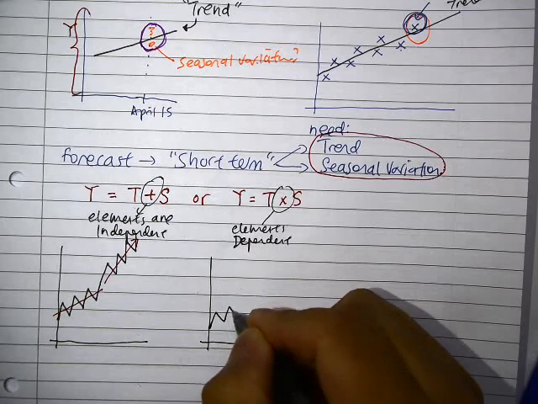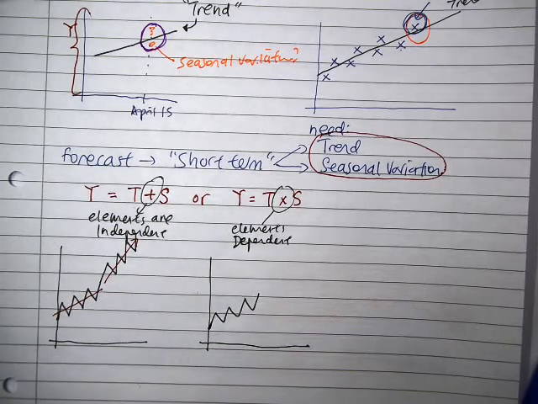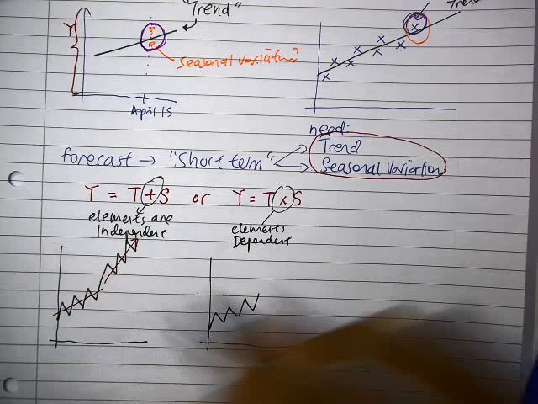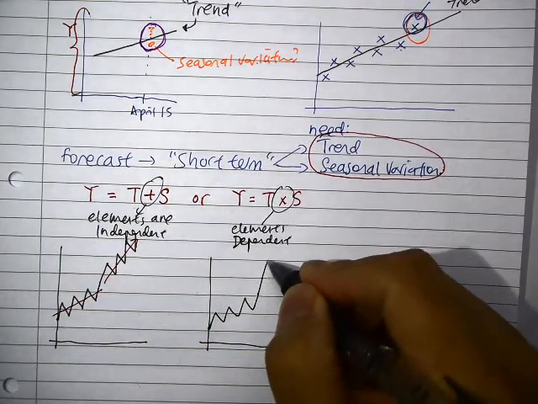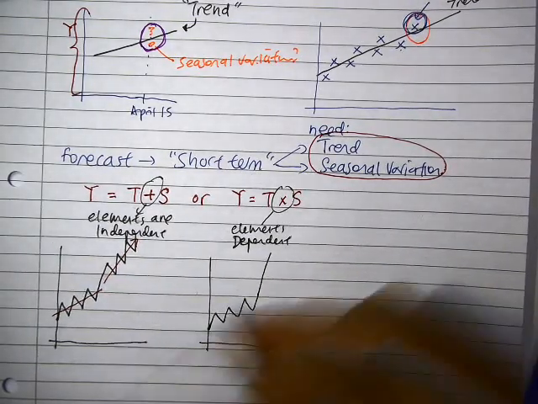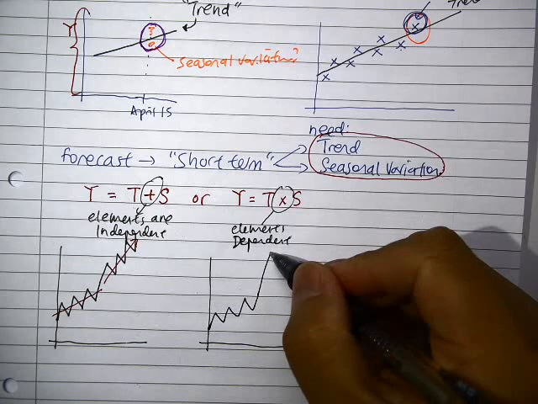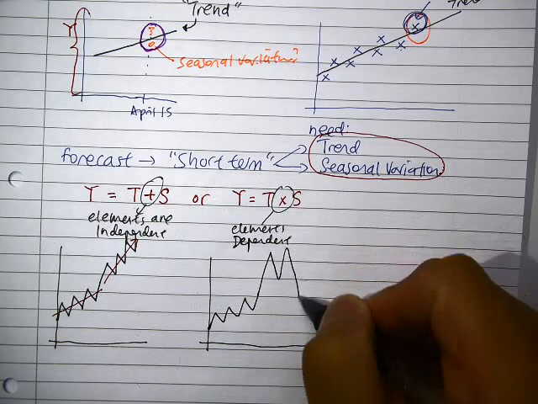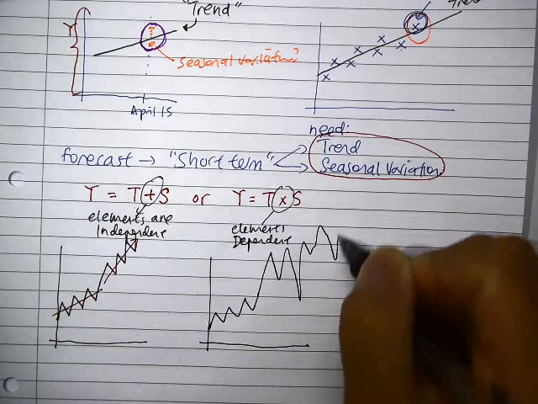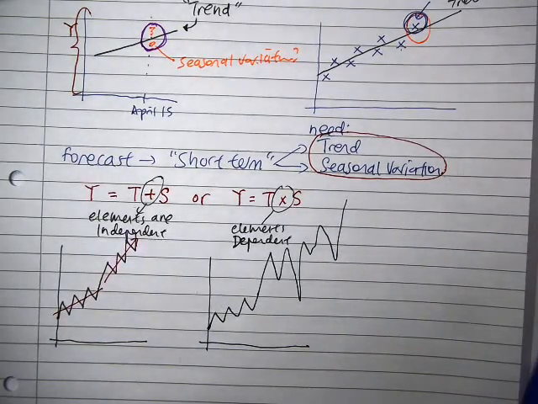Now, so a dependent one will be, for example, that this is how things are, and suddenly, because there was a shift, and once you combine the effect of the change in the trend, you will start to see that the movement become more dramatic. The up is higher, the down is higher.